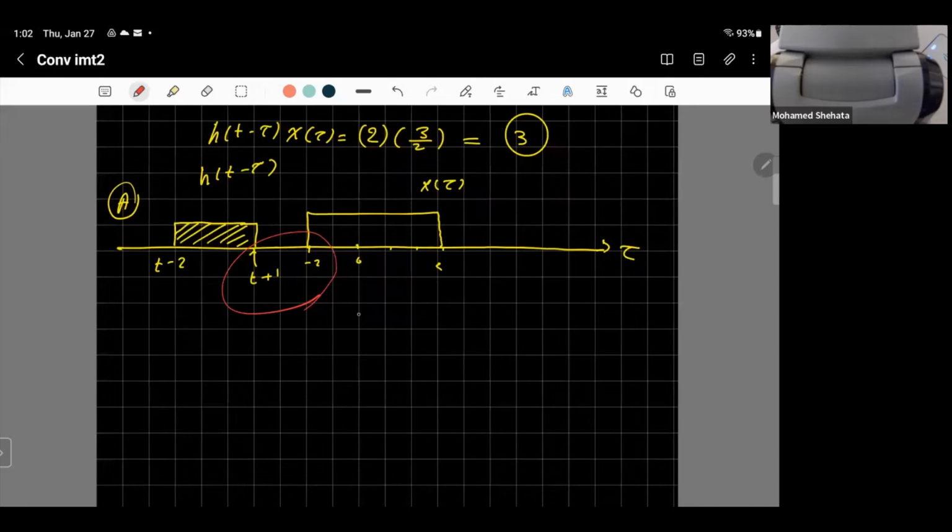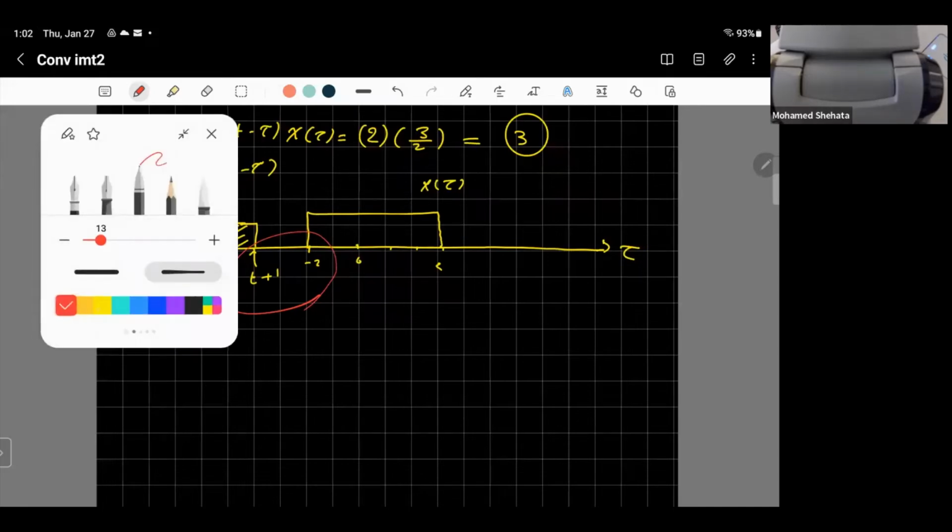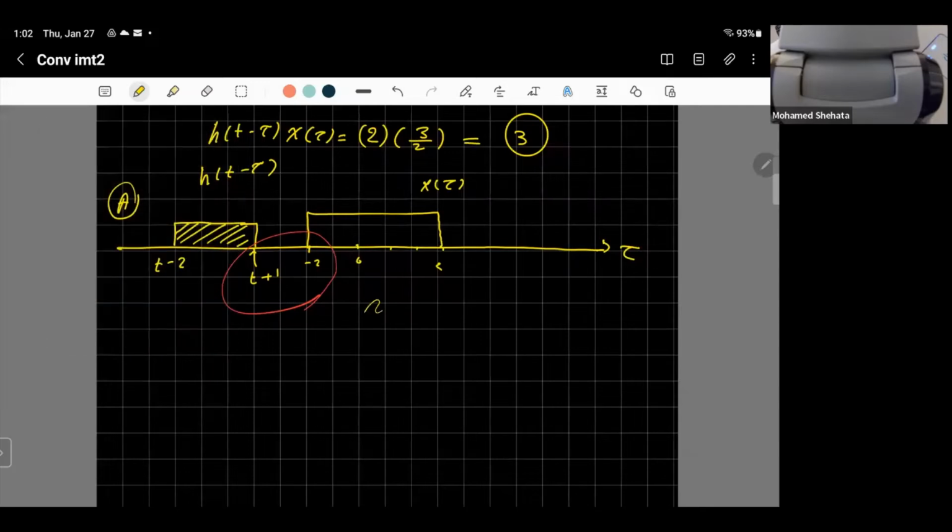So for case A, t plus 1 should be less than -2, so as not to start any overlap. In this case, it means t less than -3. So I know now t less than -3 will make no overlap, and you don't have to do any integration.